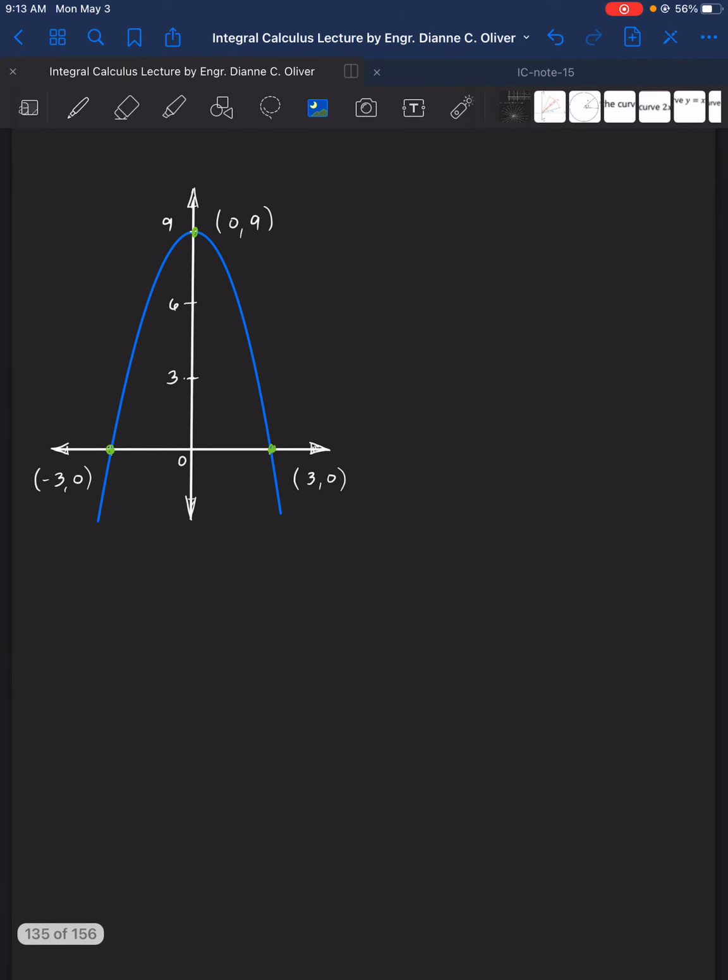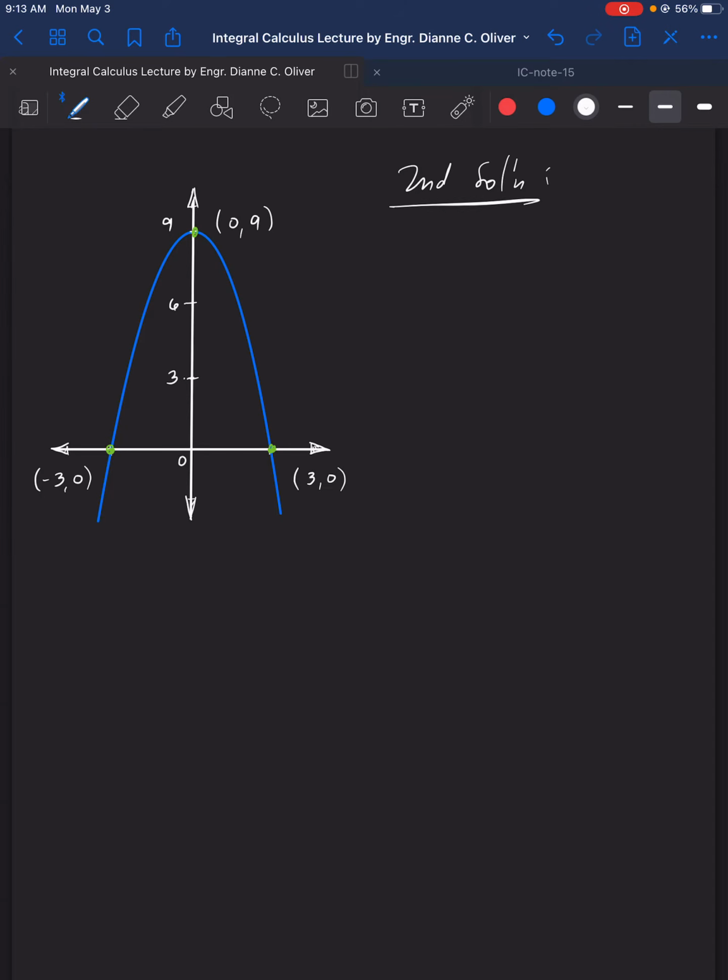Okay, we have here, let's use this figure here. For the second solution, we will consider half of the parabola.